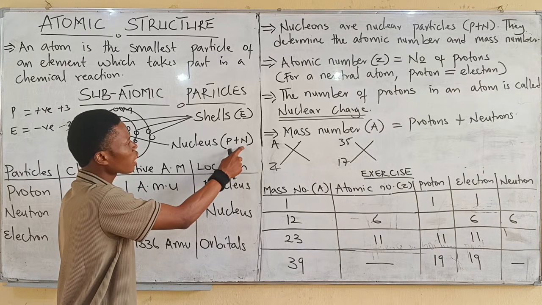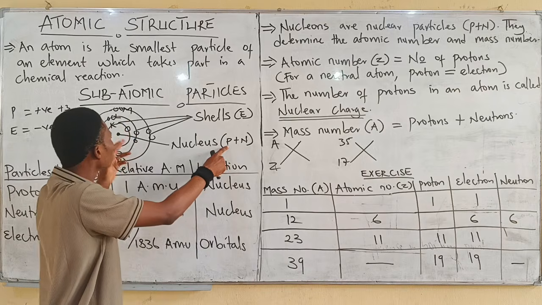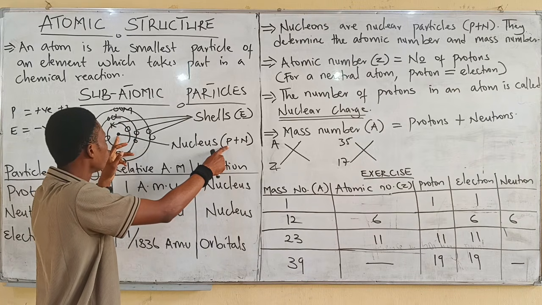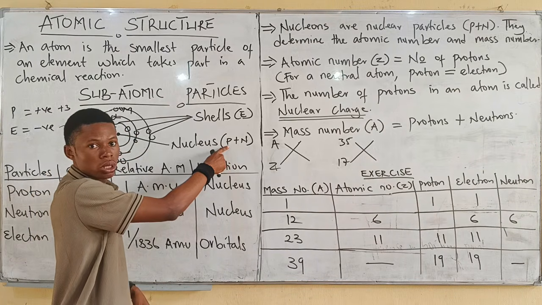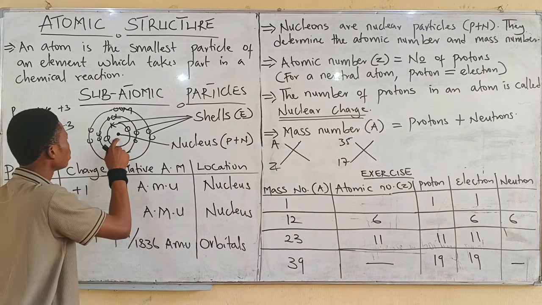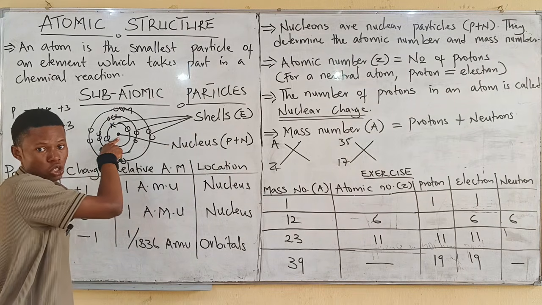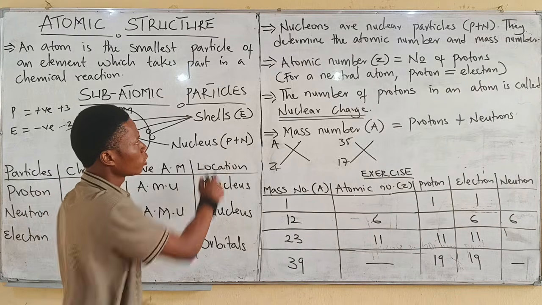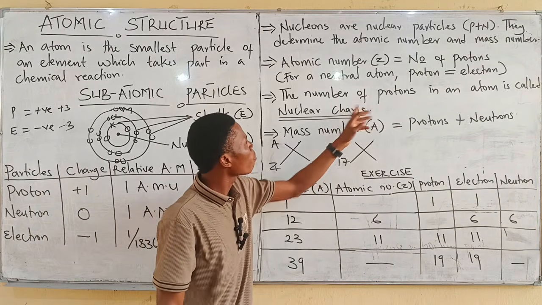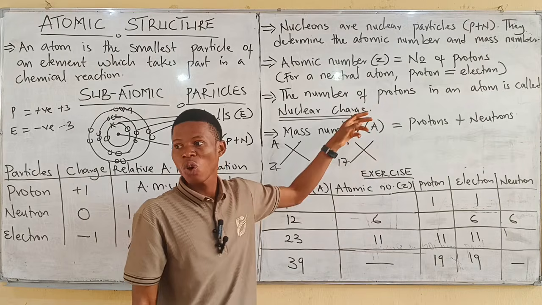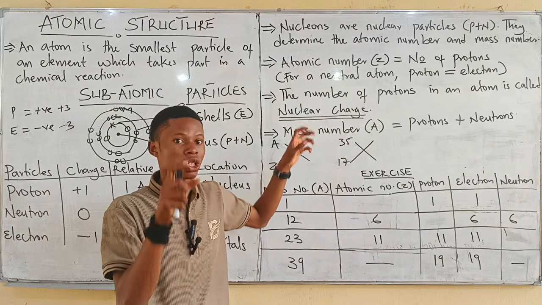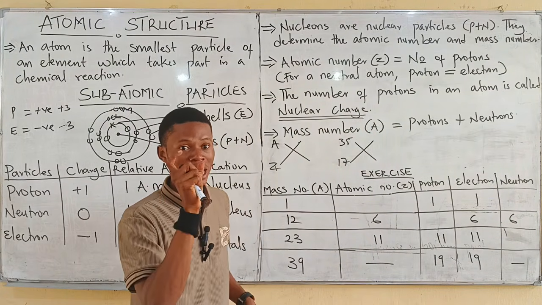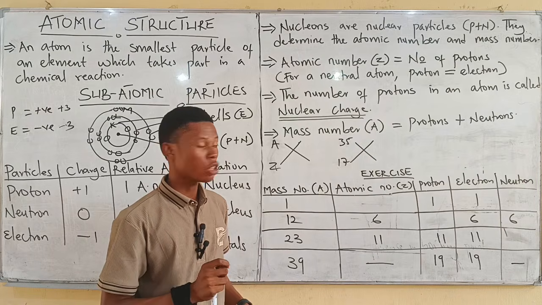So since it does not have charge, what determines the charge of the nucleus is the proton. So you agree with me now that the nucleus is positively charged overall because of the protons present. The number of protons in an atom is called the nuclear charge because that's what gives the nucleus its positive charge. Are you following?